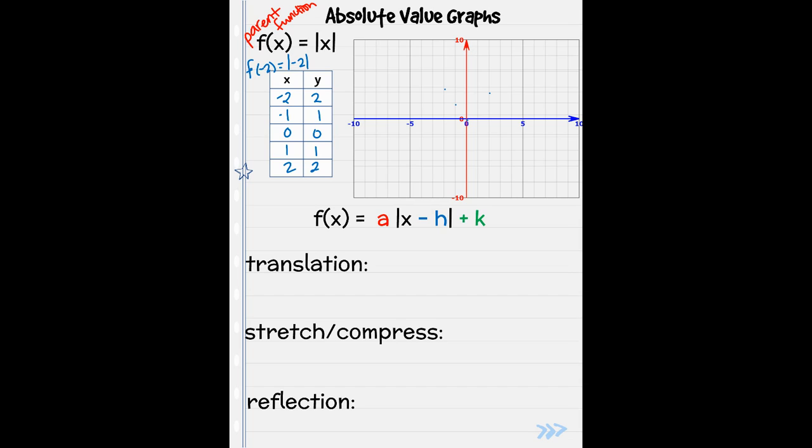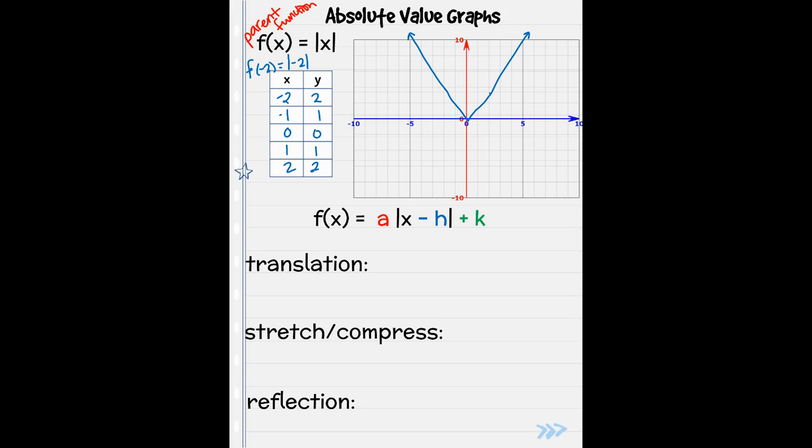Okay, these are my parent function points. Connect my points. But this is what the parent function of our absolute value graph looks like.